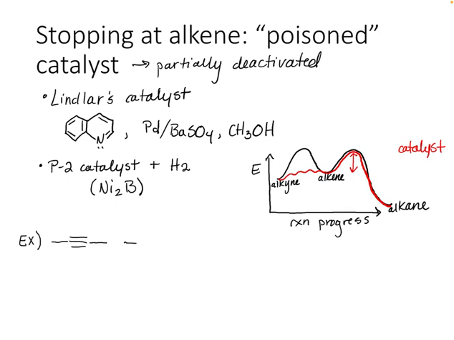And then we can just write H2, Lindlar's catalyst. Or you could write P2 catalyst, H2. And this would give us the cis alkene, because remember, hydrogen will add across the double bond on the same side. So this is syn addition.